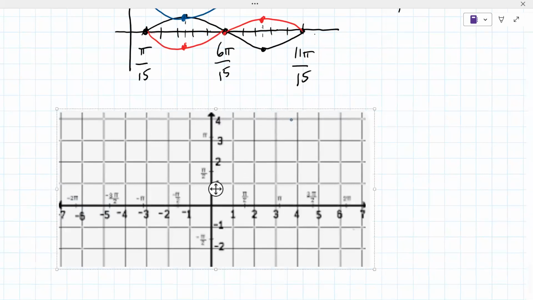So in this problem, you'd be trying to do everything in this little region right here. This whole graph would fit in this part because of the way this is scaled.